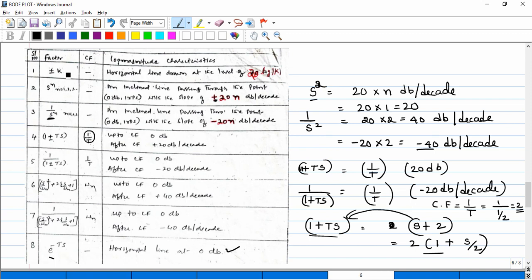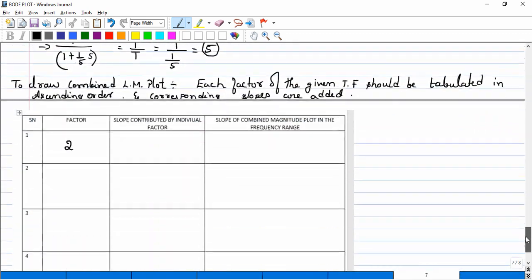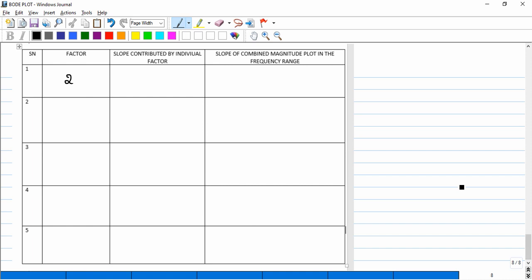Remember, the constant is always a horizontal line, and it has to be represented by 20 log k. 20 log 2, if you identify with the help of your calculator, is 6 dB.